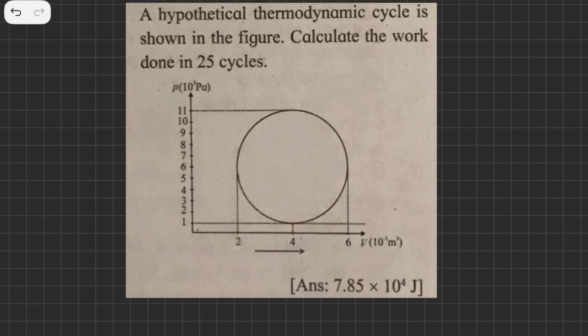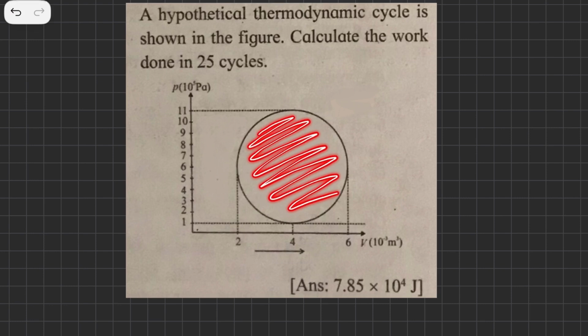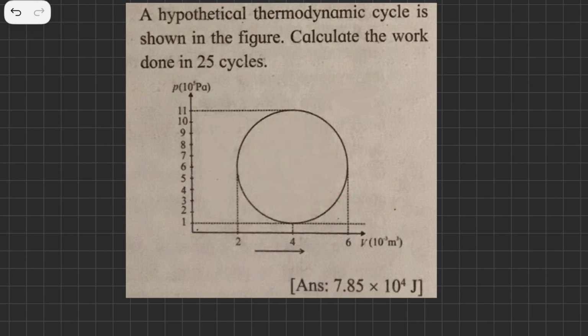The first logic we are here to apply is that the work done in a cyclic process is the area inside the graph. So this area will give me the work done. I should never apply the formula for area of a circle, because even though it appears to be a circle, it is not a circle, it's an ellipse. So we are supposed to apply the area of an ellipse.